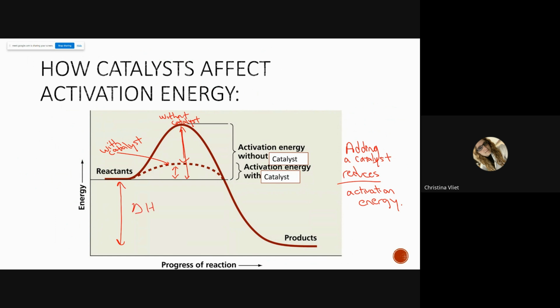Do you agree? Does a catalyst affect enthalpy? No. Because they try to trick you there too. They could ask that. And the answer is no. A catalyst does not affect enthalpy. It affects rate of reaction. It doesn't affect the difference between the energy of your reactants and the energy of your products. It affects your pathway. How do you get there?